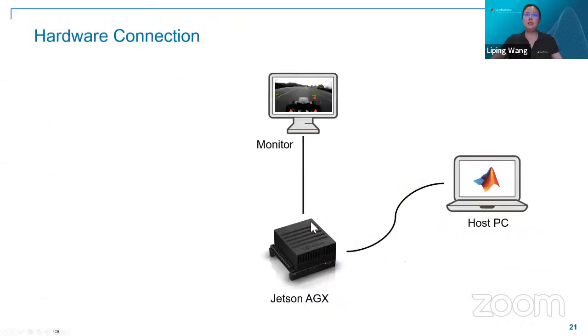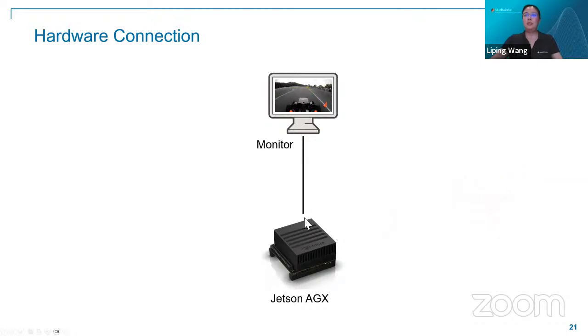We first connect this Jetson hardware to our host PC and monitor to deploy the model to the Jetson hardware. Then we can remove the whole box, and the application will run as a standalone program.